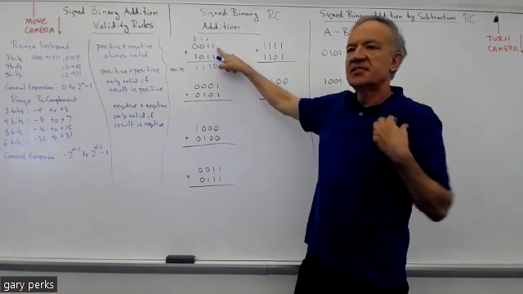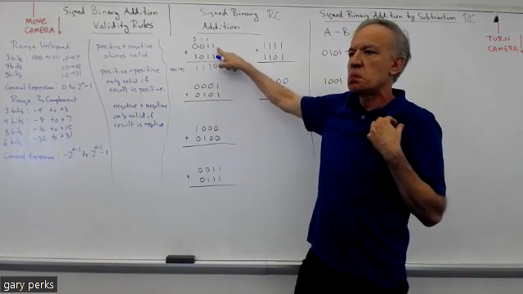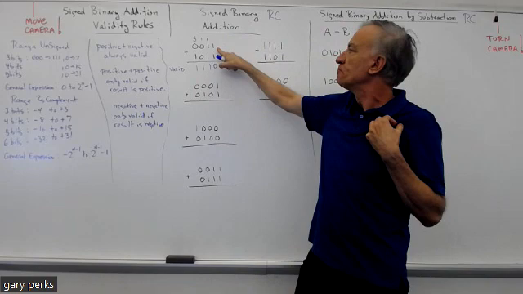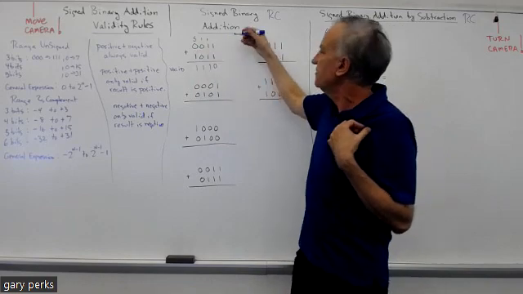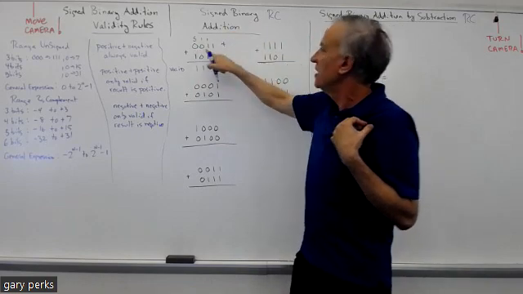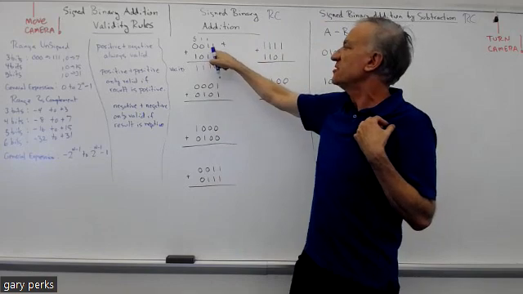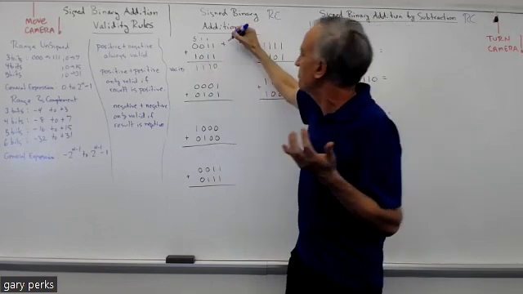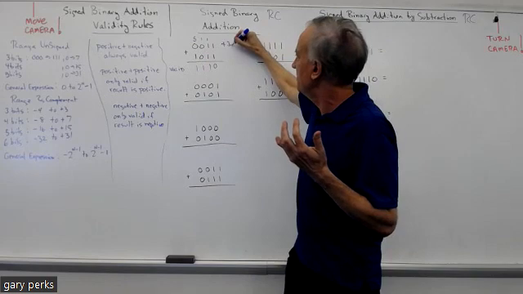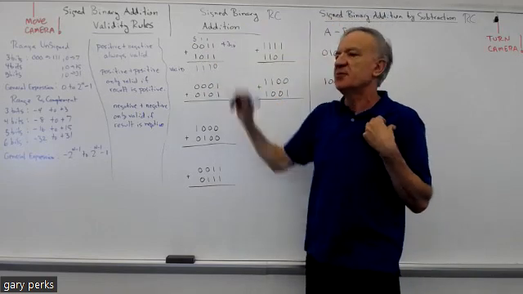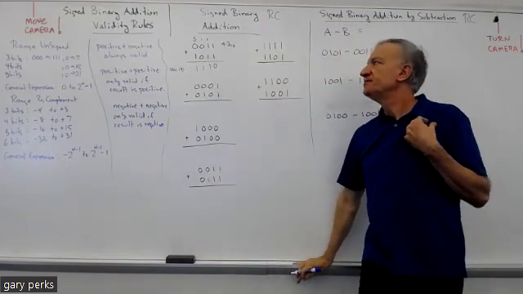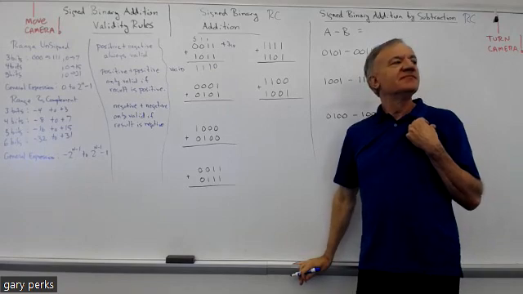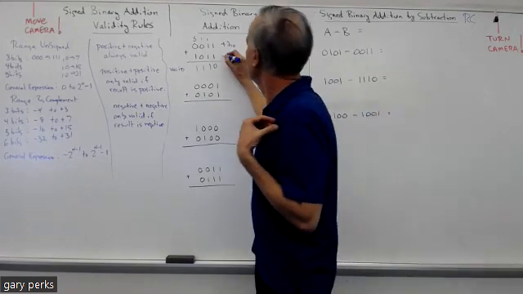So what is this in base 10? It's positive, and when it's positive, you find the magnitude the same way you would for an unsigned number. So this is +3 in base 10. What's this in base 10? -5. How did you get it?